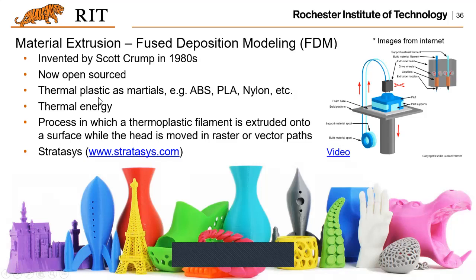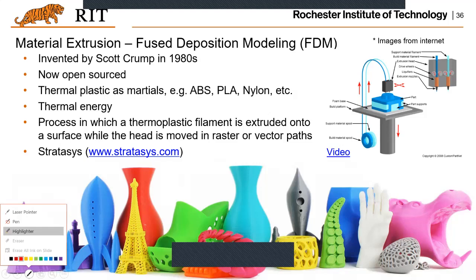So basically, thermoplastics such as ABS, PLA, or nylon are utilized as the printing material. And the thermal energy is used to melt the material and deposit it one layer at a time, right? As you can see here, all these objects are printed using fused deposition modeling.